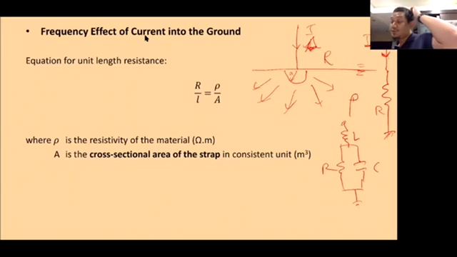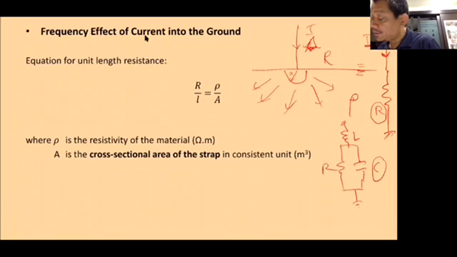So the equivalent circuit for the electrode under high frequency is not just R, but also a parallel C as well as a series L.